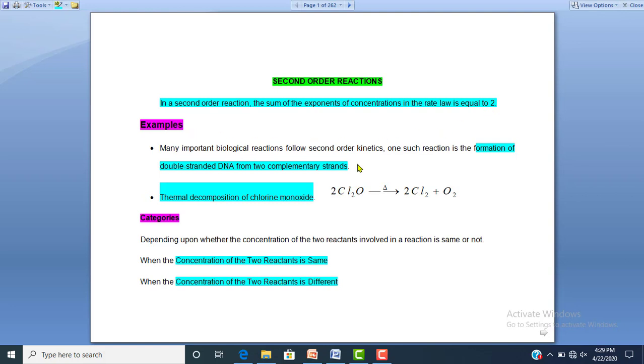The examples are the formation of double-stranded DNA from two complementary strands, and the thermal decomposition of chlorine monoxide. Second order reaction is of two types: when the initial concentrations of the two reactants are the same and when the initial concentrations of the two reactants are different.